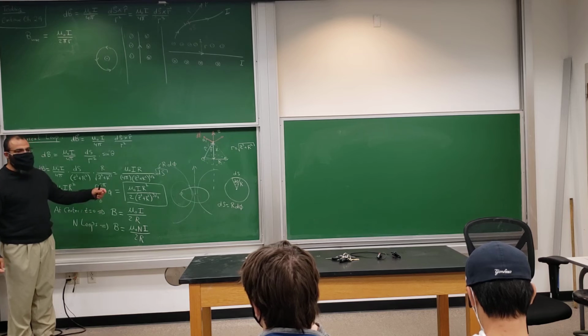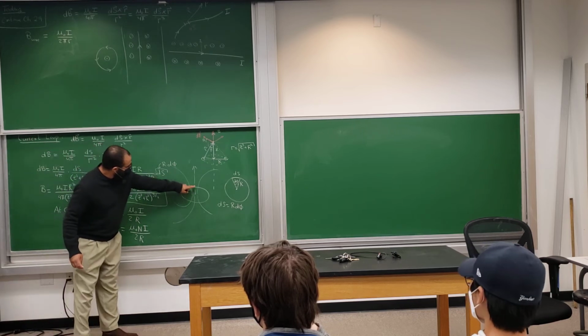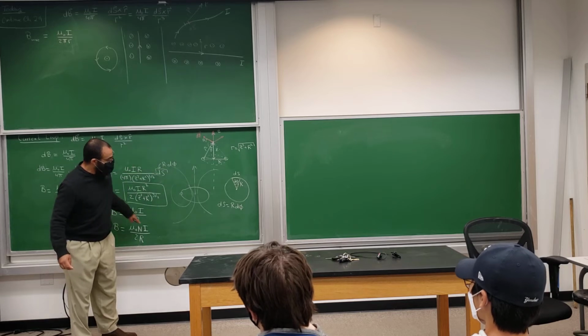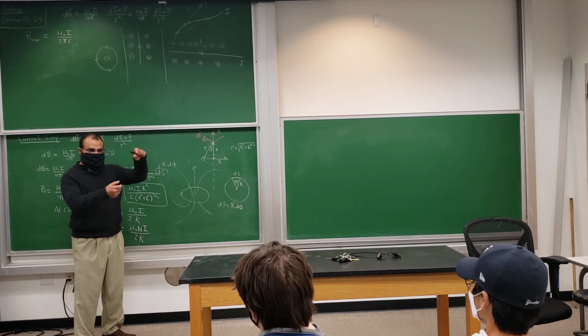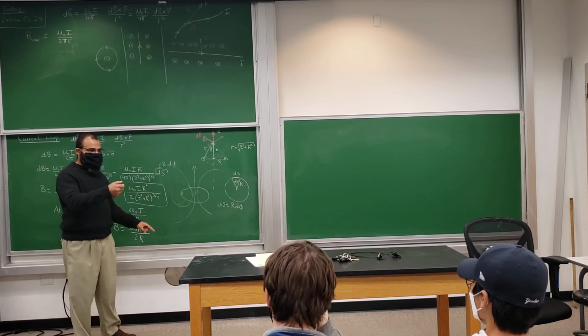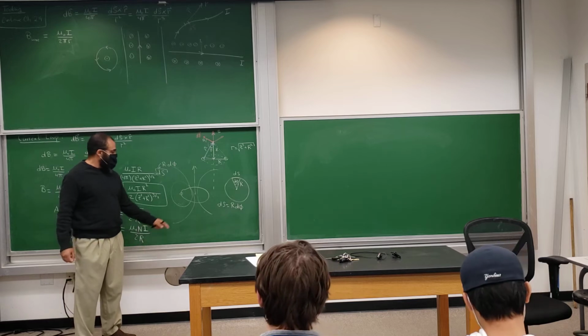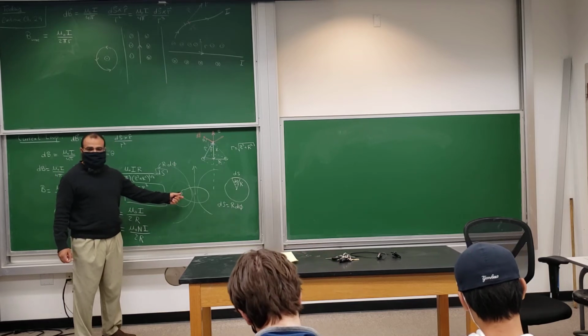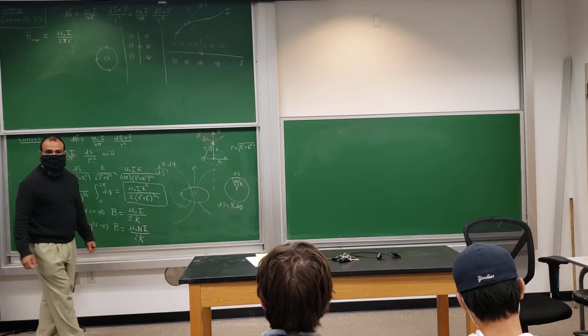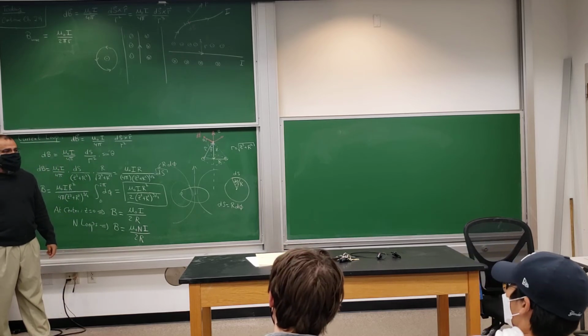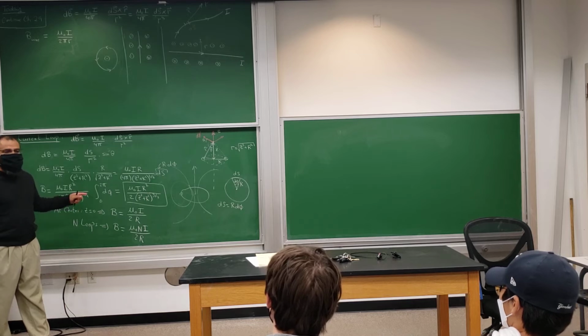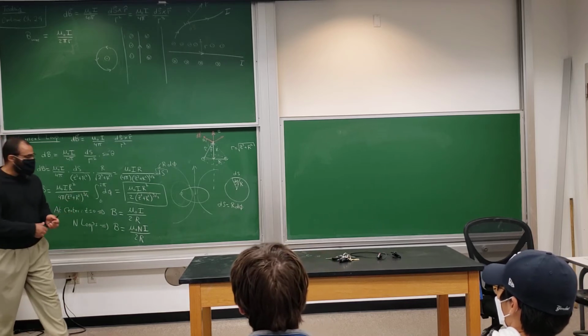And by the way, with a current loop, you see the magnetic field starting here and then looping back. It looks like a bar magnet. Doesn't it? A bar magnet has a north, the magnetic field starts at north and comes down. This is actually called a magnetic dipole. The current loop is called a magnetic dipole, which we might discuss also today. Okay?